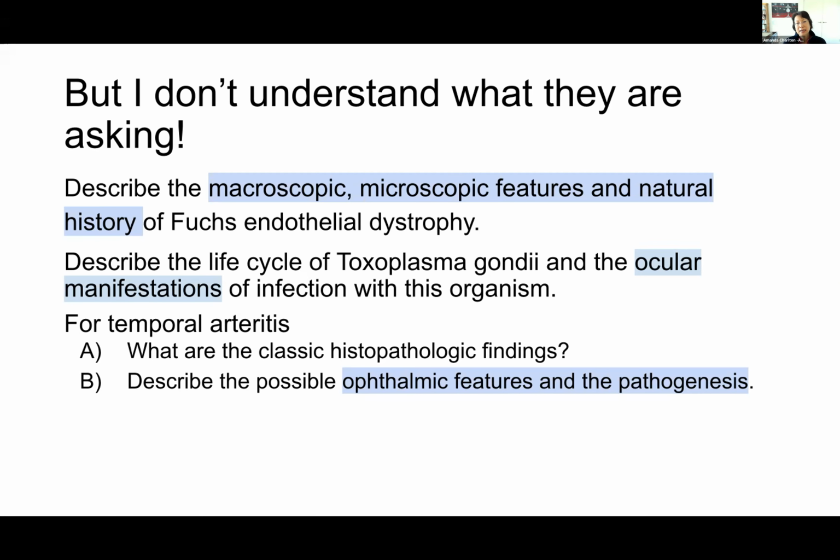So how does natural history fit into this? Is natural history a kind of prognosis? All right, so what is the natural history of herpes zoster infection in the eye?